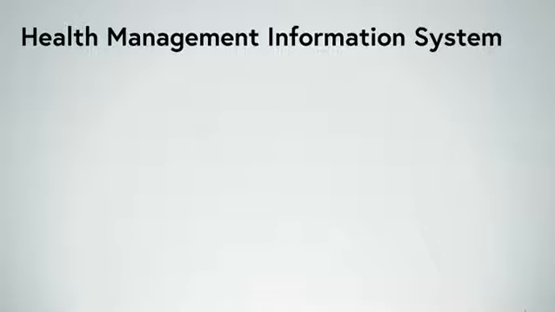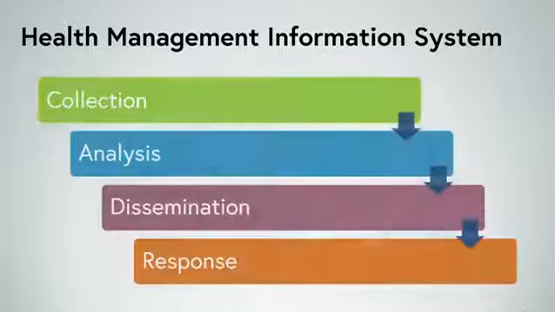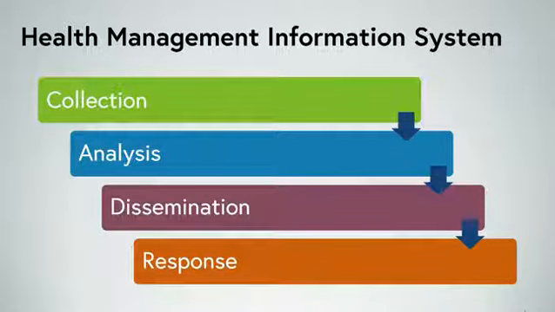A setting's existing health management information system, or HMIS, is an integral part of the health system, as it collects routine data and can inform pre-crisis levels of diseases that require ongoing treatment, such as HIV, TB, or NCDs. Generally, data is collected from all levels of a country's health system and is populated and analyzed at the district level or national level.